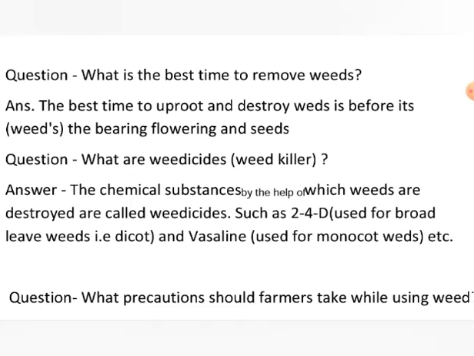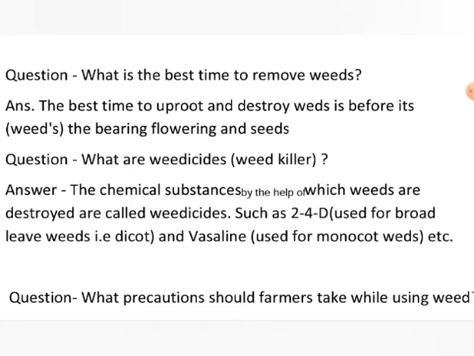If the weed is there, we need to uproot and destroy the weed before it starts flowering and bearing seeds, because once the weed plant starts having flowers and then develops seeds, even if you remove it, there is a possibility the seeds of the weed will be scattered in the soil of the farm, and after getting favorable conditions, the seeds of the weed will germinate again.